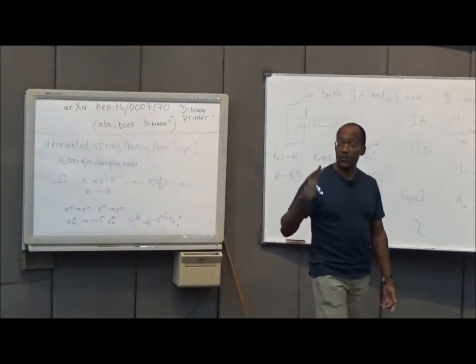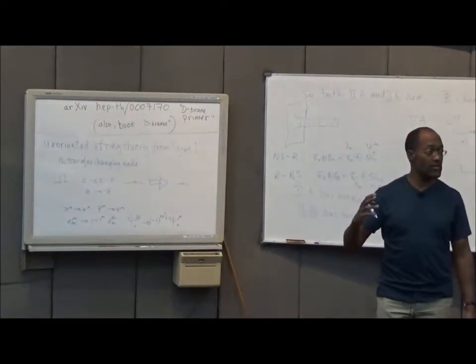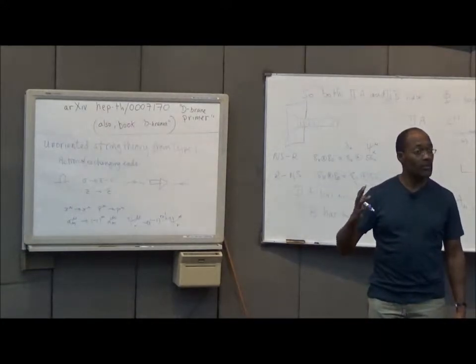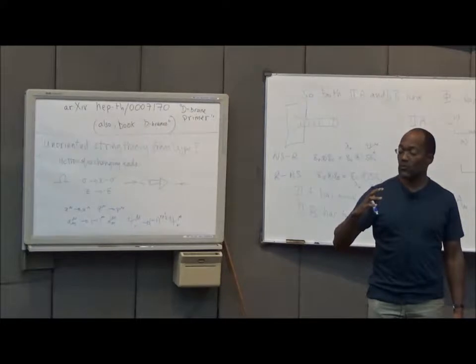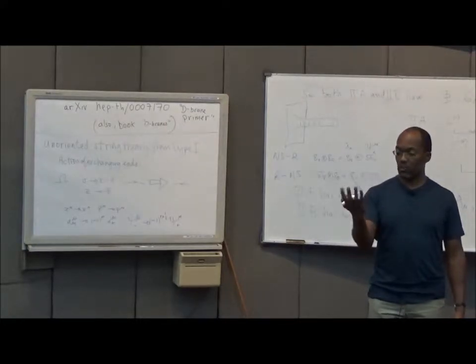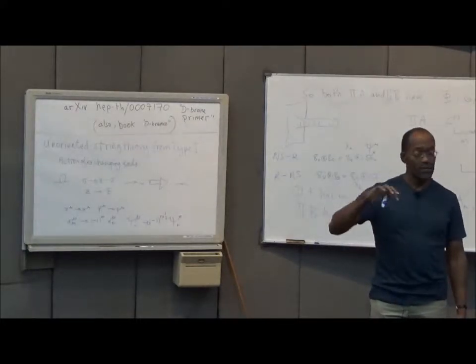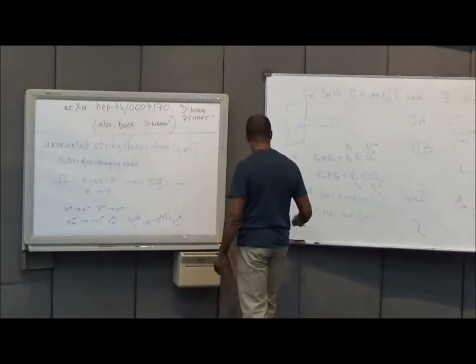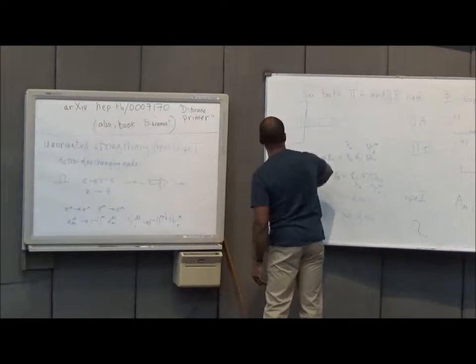That sector then will be a string theory that's unoriented. You can't tell whether it's pointing that way or pointing that way, because I've thrown away all the stuff that could help you deduce that.